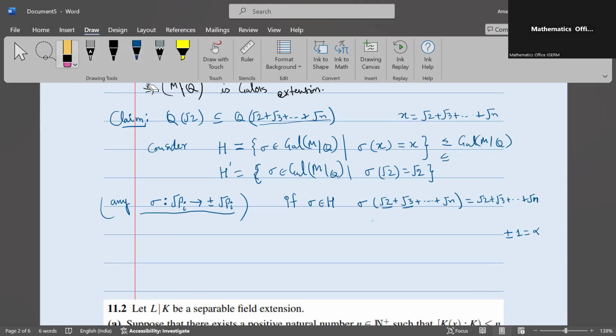If you see from here, then my claim is if sigma belongs to S, it fixes this, and then sigma of root pi is exactly equal to plus root pi. Okay? It cannot take minus.